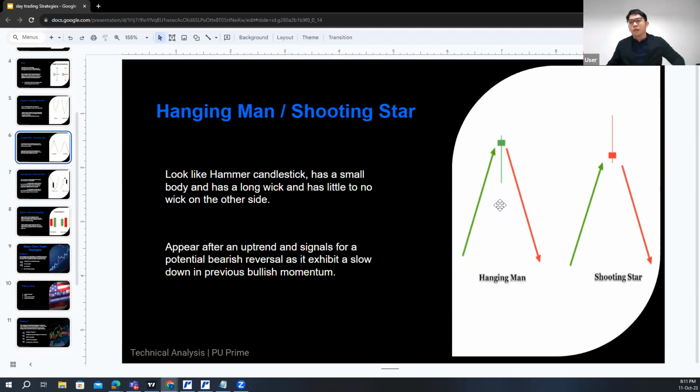If, let's say, we have an uptrend for a very long time, maybe like the oil price two weeks ago, when oil price traded at like $90. Yeah, and then we see this hanging man, and it might tell us that maybe potentially we might have a bearish trend reversal coming soon.